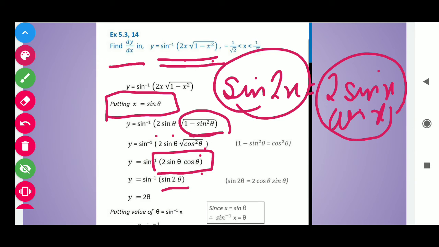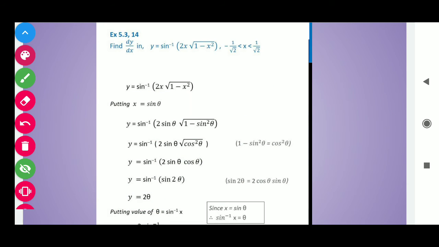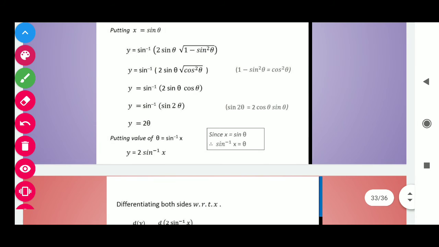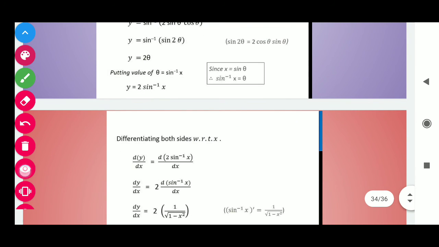In this way we get y is equals to 2 theta. So put the value of theta here. From this we get x is equals to sin theta, so theta is sin inverse x. So in this way, by putting this value, we get here y is equals to 2 sin inverse x.